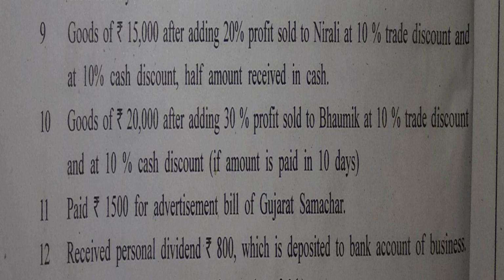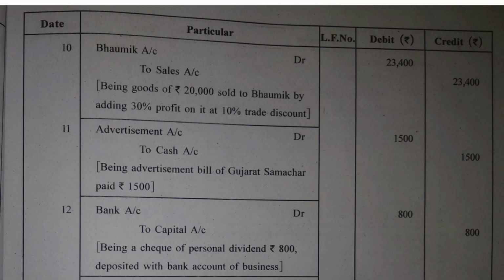So this becomes advertisement expense. And all the expenses as per the rule of nominal account are to be debited. So the journal entry becomes advertisement expense account debit to cash account. Advertisement bill paid to Gujarat Samachar is an expense, and hence advertisement expense account debit. Cash goes out. Cash account is a real account, and hence credit what goes out. Cash account credit.